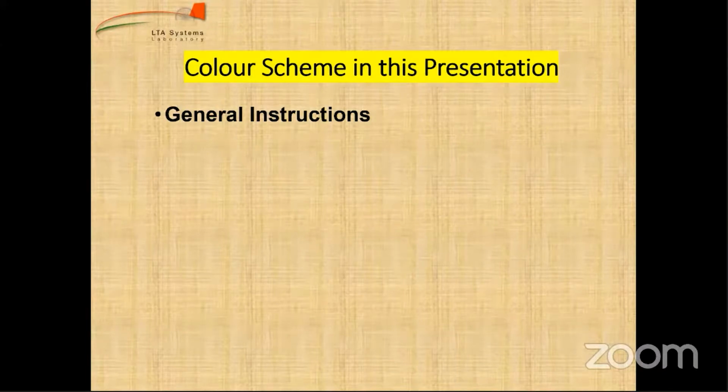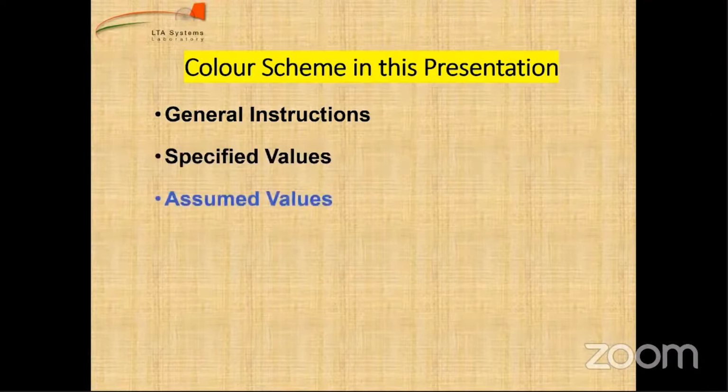So should we start with the intro, that is the color scheme. Since this is an interactive tutorial that involves me and you working together, we have decided on this color scheme that we will follow throughout, not only in this section, but the subsequent sections as well. The values in black will be the general instructions and the specified values.